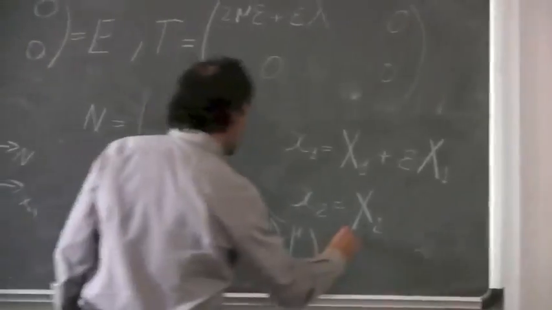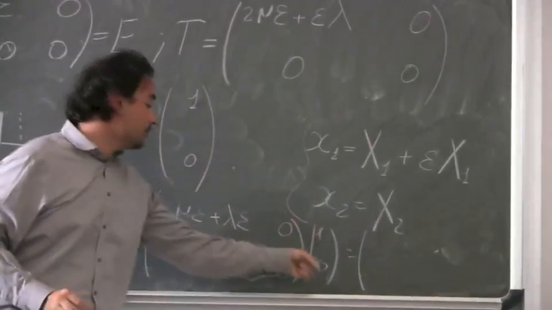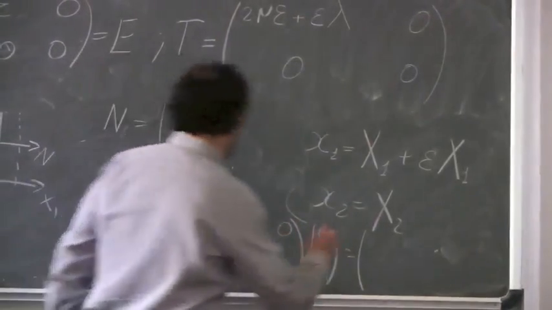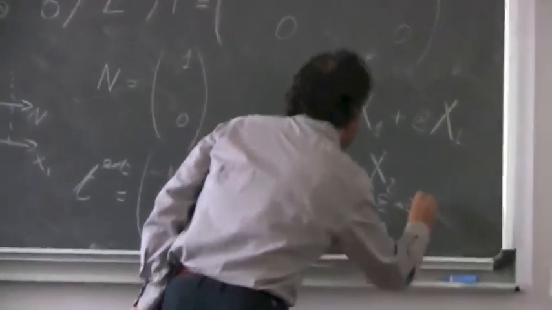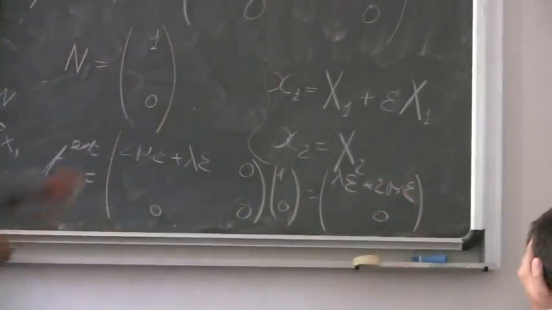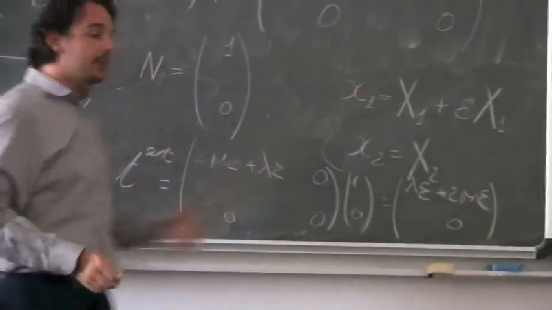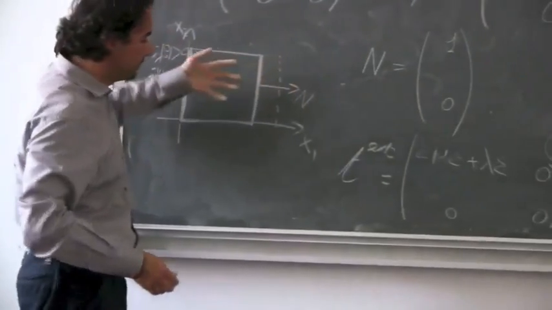And this is equal to this multiplied by this plus 0 multiplied by 0. That means lambda epsilon to 2 mu epsilon, 0. That means that in order to have this displacement, I have a force only in this direction.